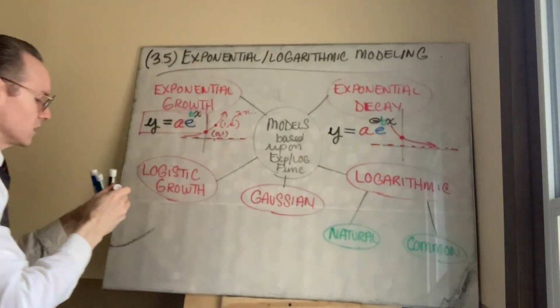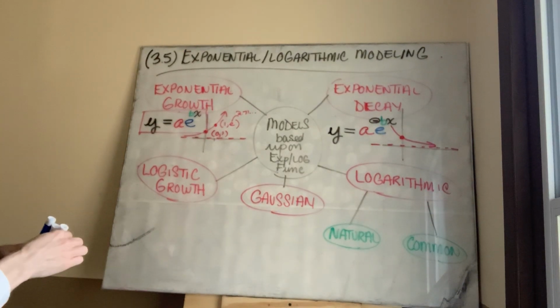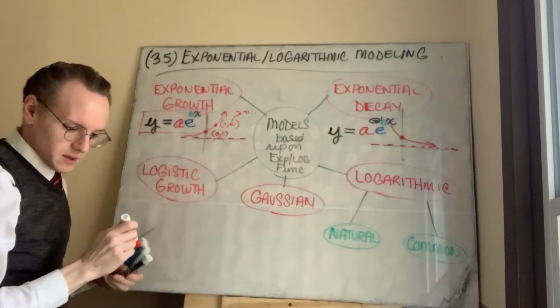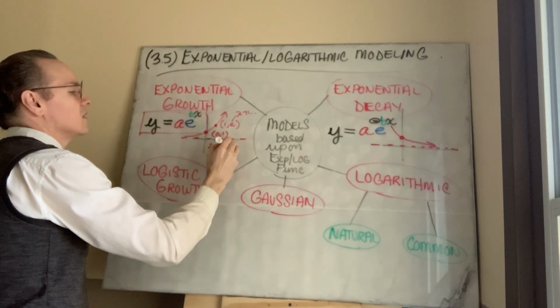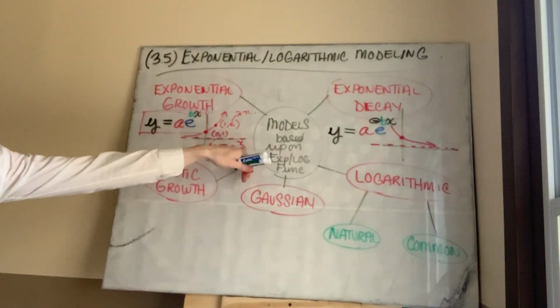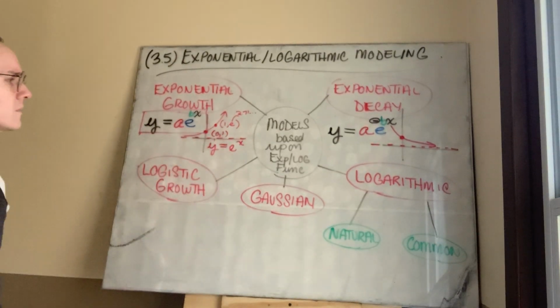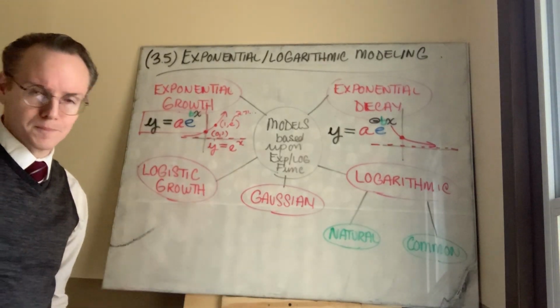Now I should mention, it's a specific case for each of these. The graph here would be the bare bones incarnation of this: y equals e to the x and nothing else. But it is a positive x, and it is based upon e, the number e.